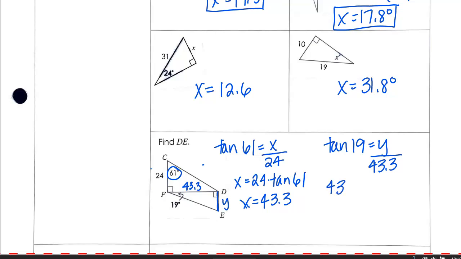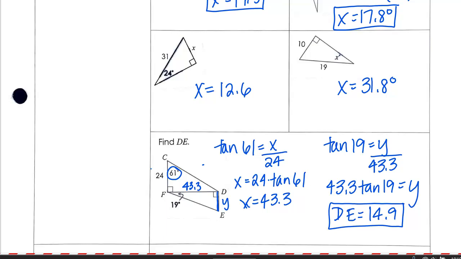So when we solve for y, we get 43.3 times tangent of 19 is equal to that side DE. We plug that in our calculator. Let's go ahead and write DE equals 14.9.